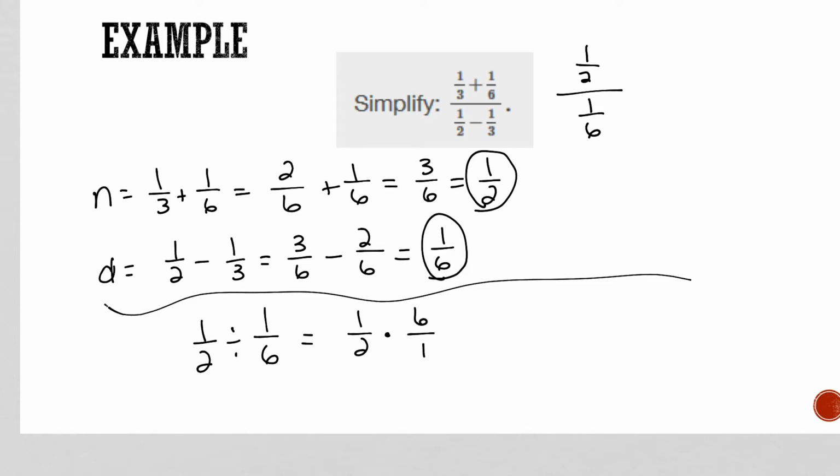And now we can reduce and multiply straight across. Okay? And the other thing I want to point out, yes, 3/1 is the same thing as just 3. I always want you to write your answer in the most simplified form. So rather than telling me 3/1, tell me 3.